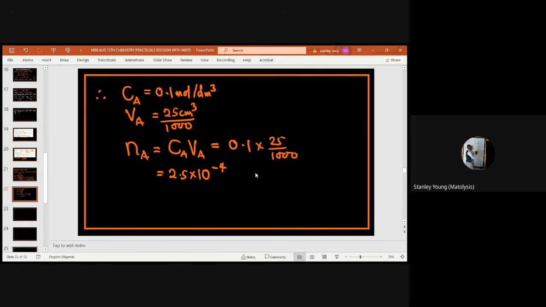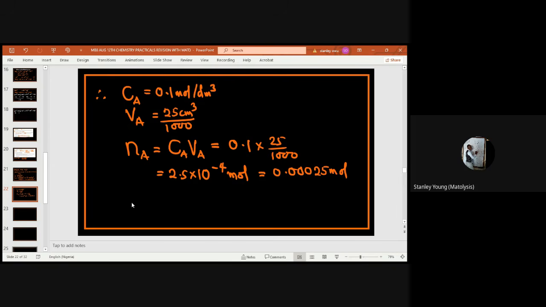Is that correct? Yes. 2.5 times 10 raised to the power minus 4 mole. Or you can probably write it out, your choice, 0.00025 mole.